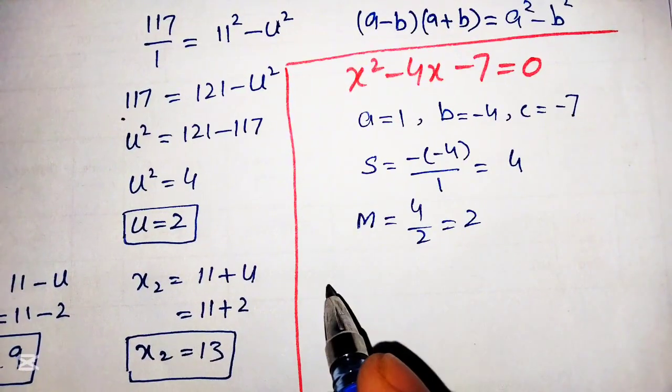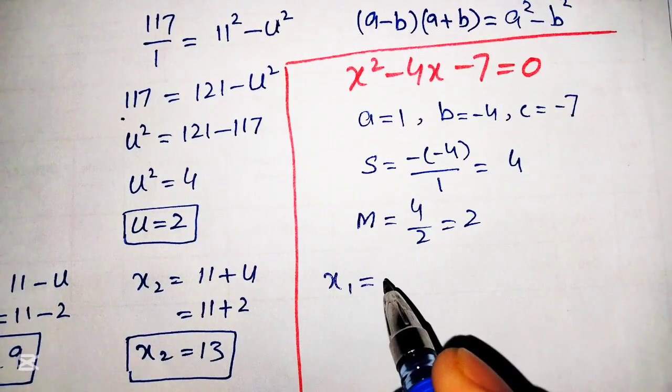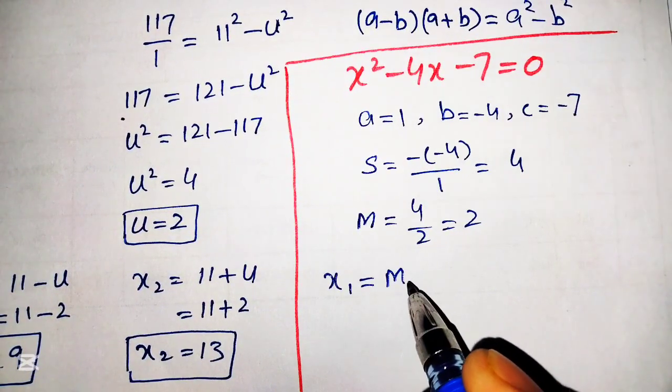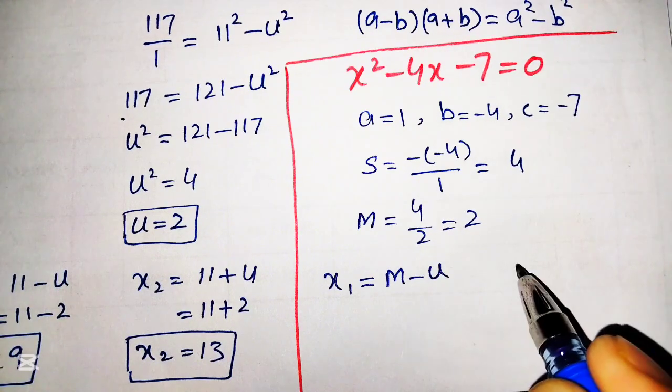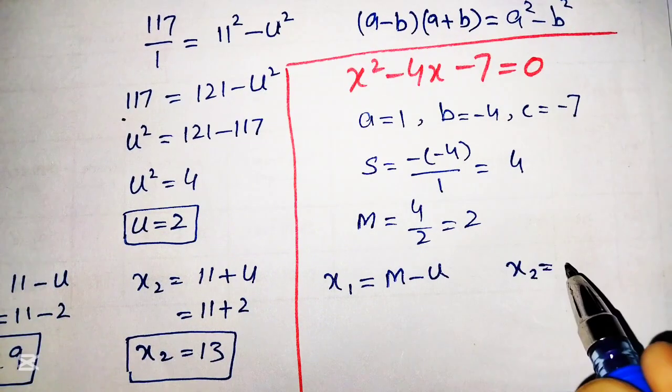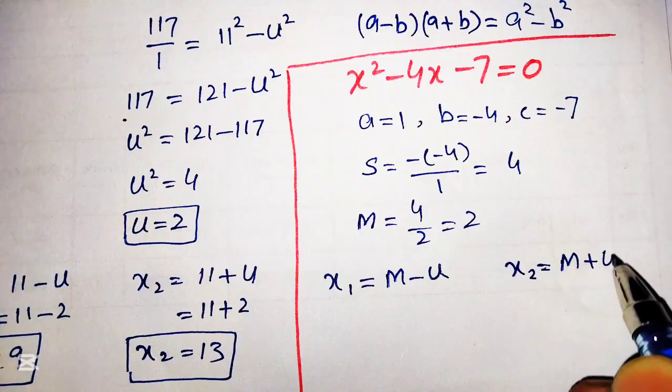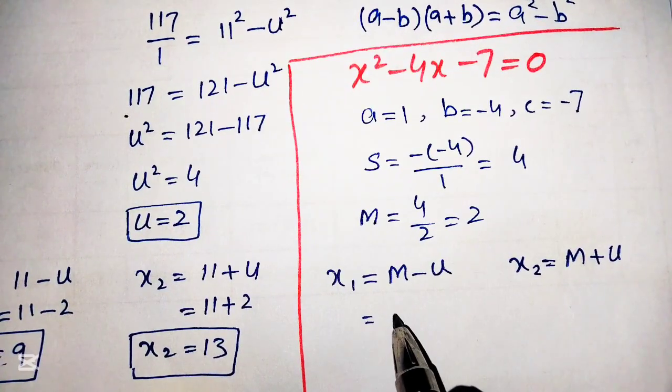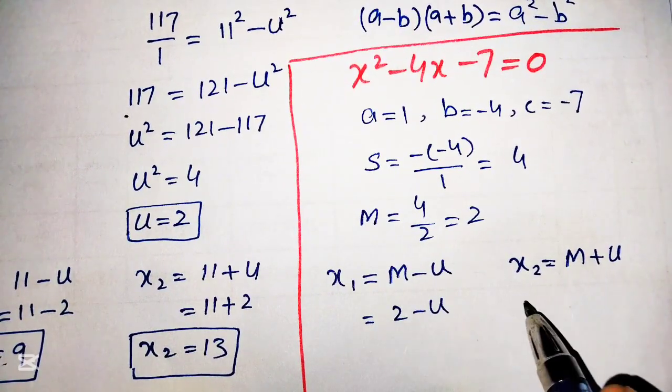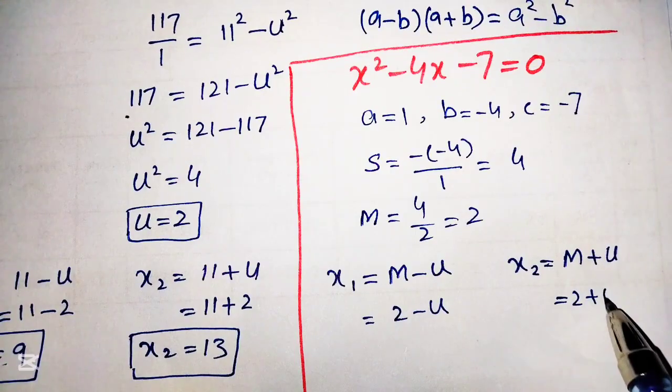Hence from this we conclude that the first root is x1 is equal to m minus u, and the second root is x2 is equal to m plus u. So it will become 2 minus u and 2 plus u.